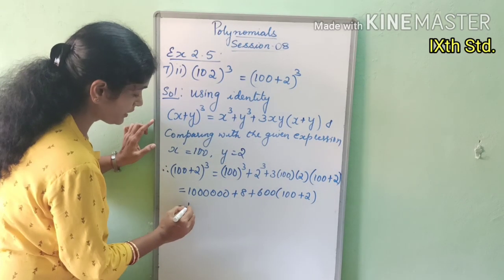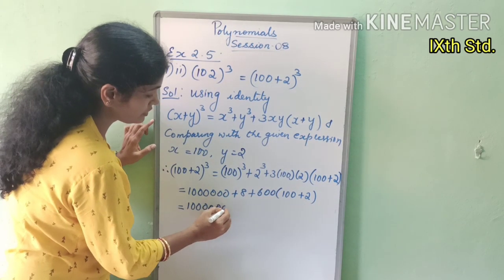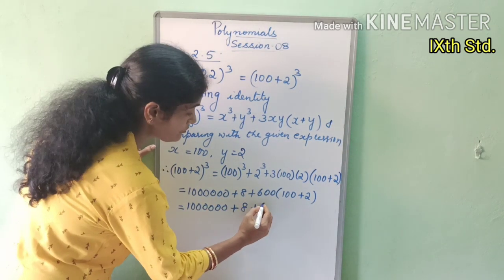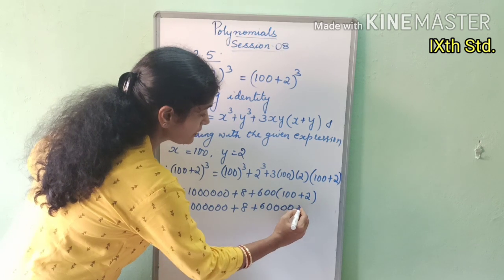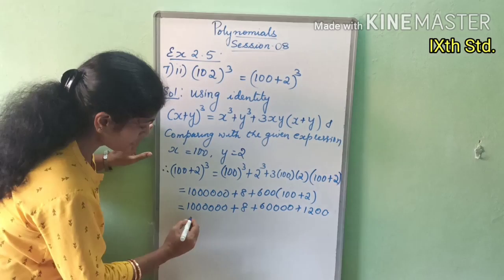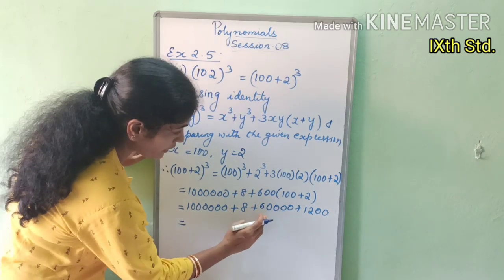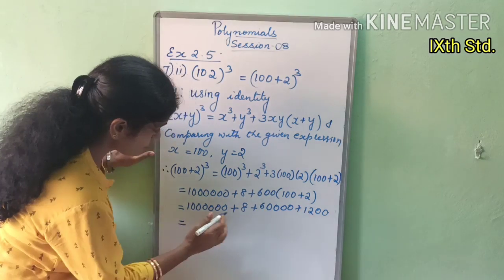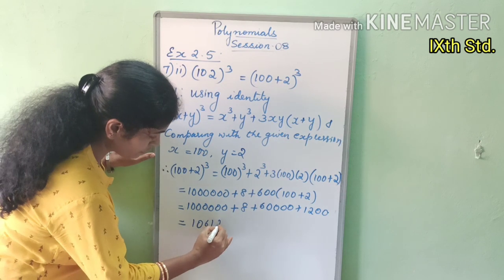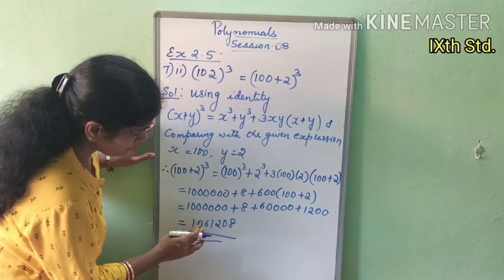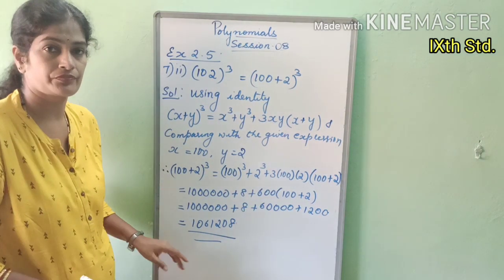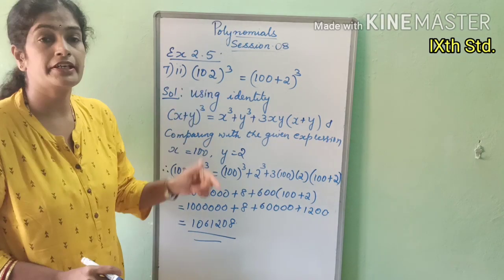Then plus 8 plus 600 into 100, 60,000, plus 1,200. Now adding all this, you get 60120 plus 8, which gives 1061208. So this is the answer for 102 whole cube.